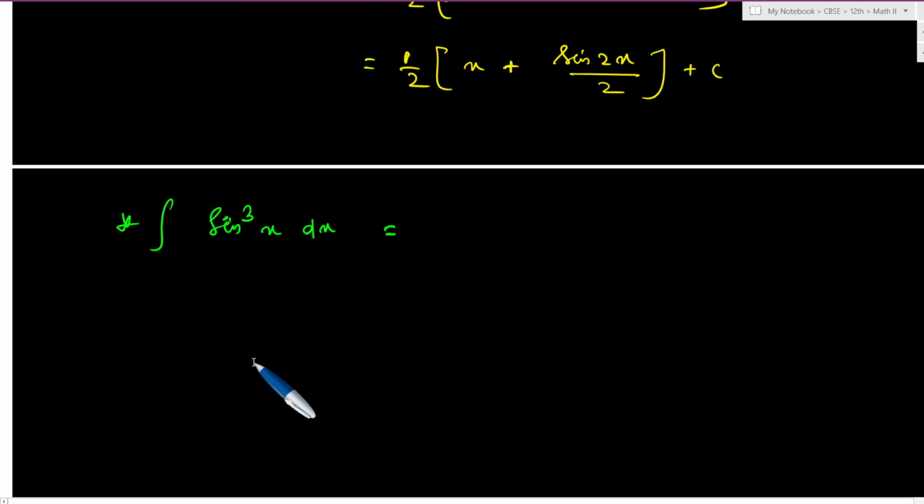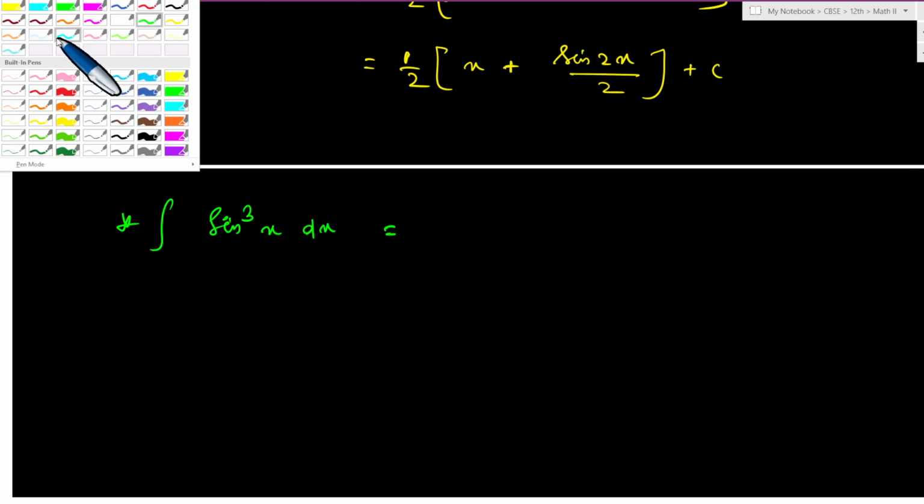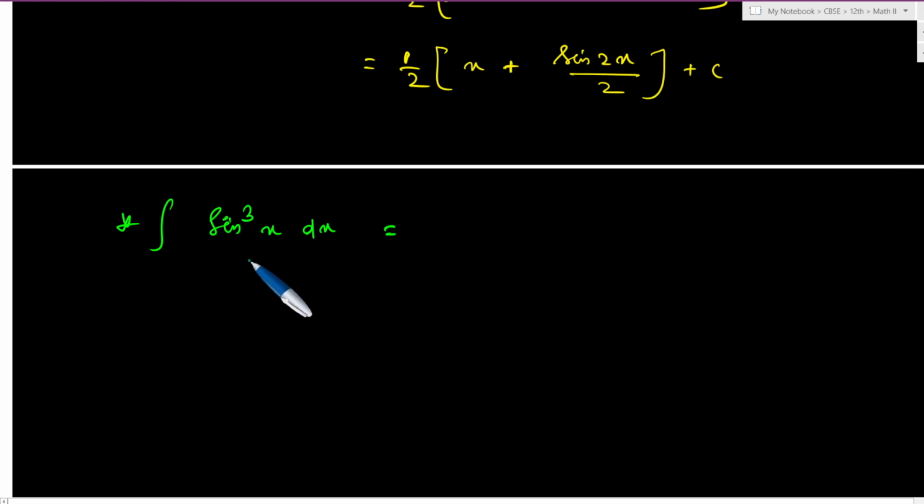So I told you without trigonometric identities, solving integration is really difficult. Okay. Here we have a formula actually, sin cube x. Sin cube x is equal to (3 sin x minus sin 3x) divided by 4. This formula we'll use here.